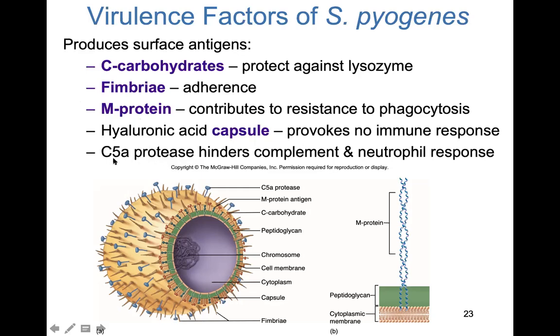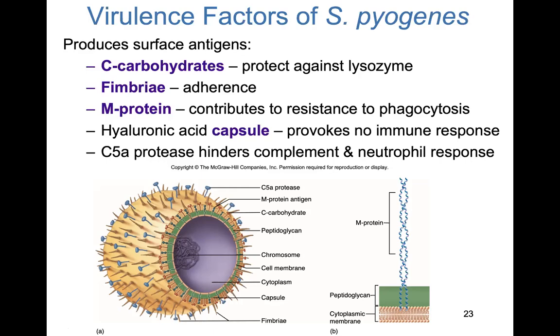All right, C5a protease. Maybe you guys have heard of protease inhibitors. It's an enzyme. It hinders complement and neutrophil response, right? So this literally inhibits a lot of the complement. And I said you guys only have to really learn about opsonization and neutralization, that complement system.